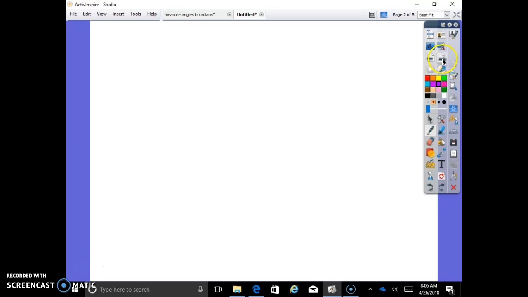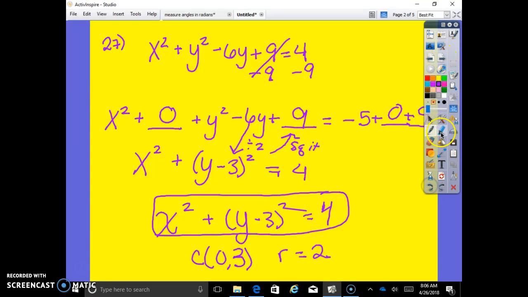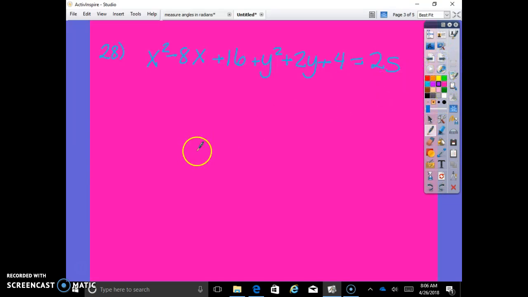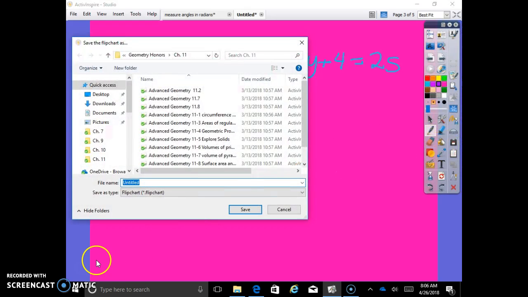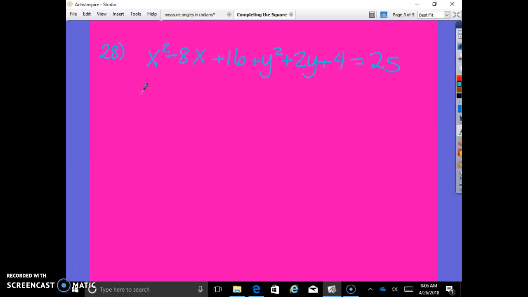So let's try another one of these. On number 28, the first thing we need to do is get rid of these constants. I'm going to subtract 16 from both sides, and subtract 4 from both sides.